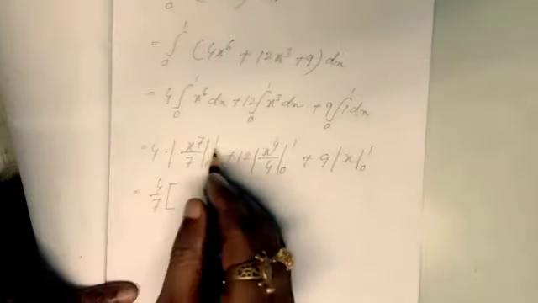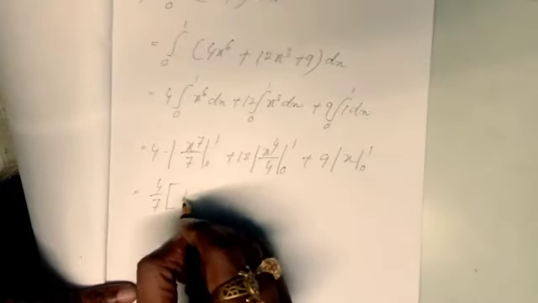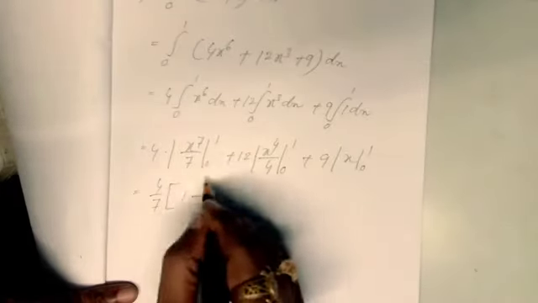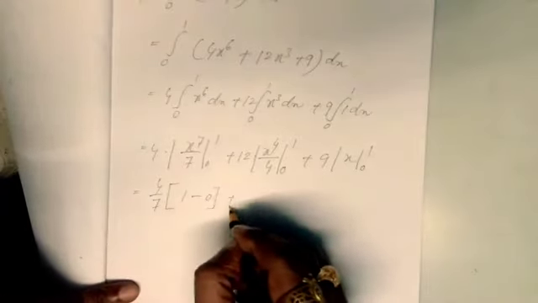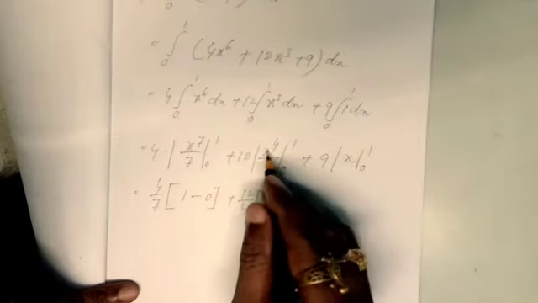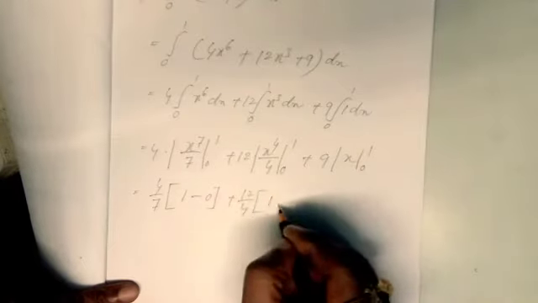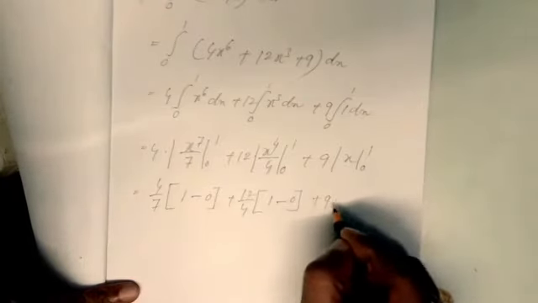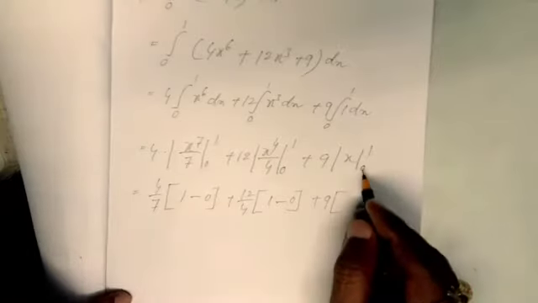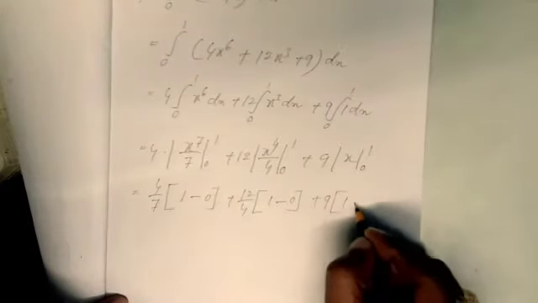After that, put the value of x equal to 1, that will be 1 to the power 7, means 1 minus 0, upper limit value minus lower limit value, plus 12 by 4 taken outside. Then putting x equal to 1, that will be 1 to the power 4, means 1 minus 0. The third one is 9.